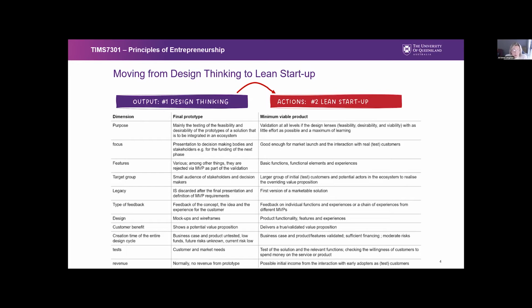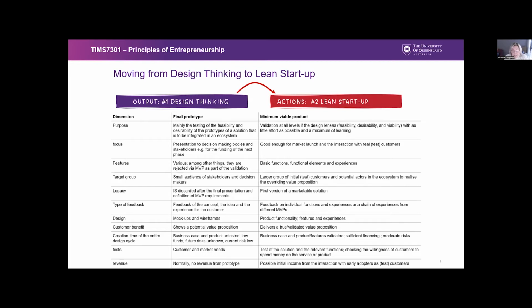So for example, the purpose of design thinking and the prototype that we develop at the end is really about testing the feasibility and desirability of the solution. Whereas with the minimal viable product as part of the lean startup, we're looking for validations at all different levels of the design. So feasibility, desirability, and viability, and trying to do that with as little effort and probably as little cost and a maximum amount of learning.